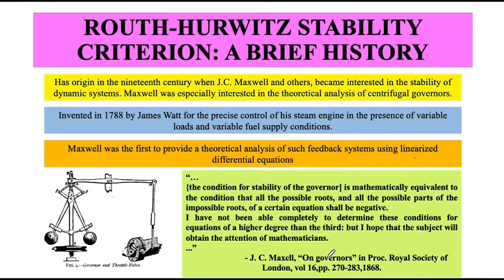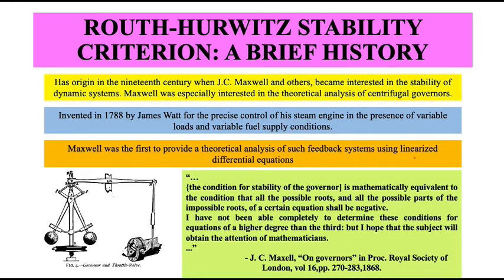Possible roots were all real roots, and they shall be negative. Then you could have impossible roots, which are imaginary. You say that the possible part of the imaginary roots were the real part. For example, minus 1 plus j omega was regarded as an impossible root, but the possible part of all these should be negative.